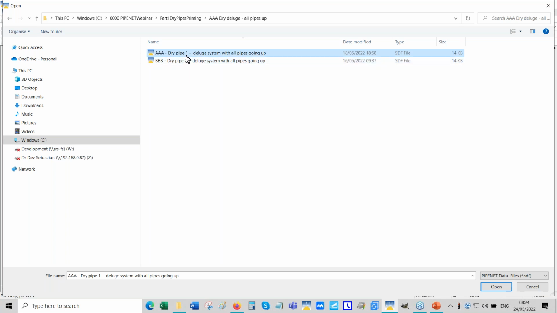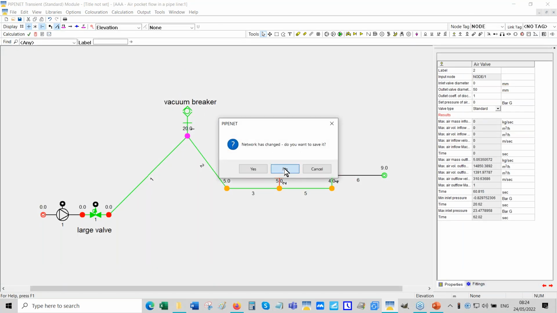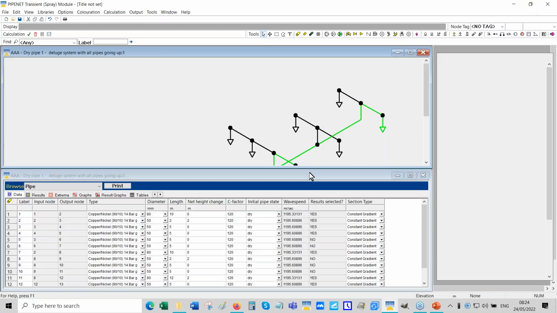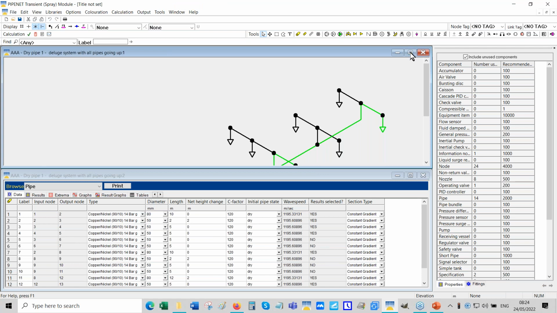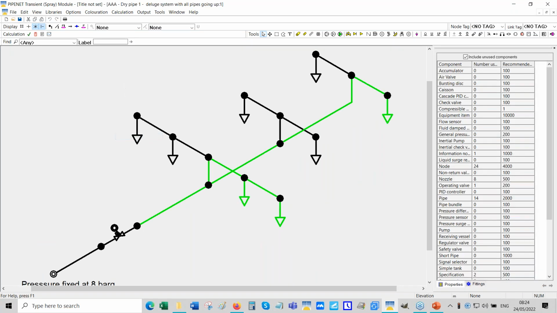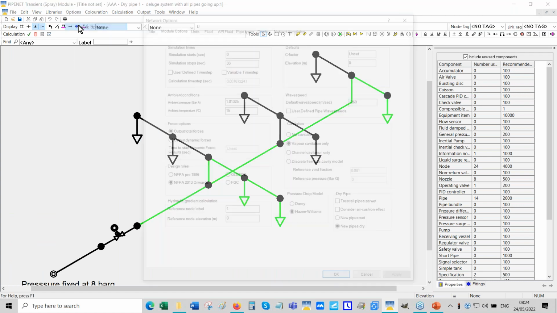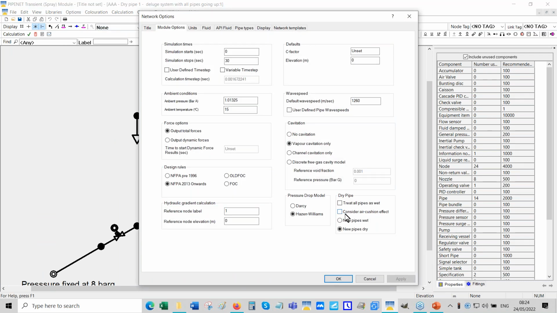I'm comparing dry pipe 1 and dry pipe 2 here. So you can look at the options. You see, the air cushioning effect is unchecked. So that means it's a dry pipe 1 model.